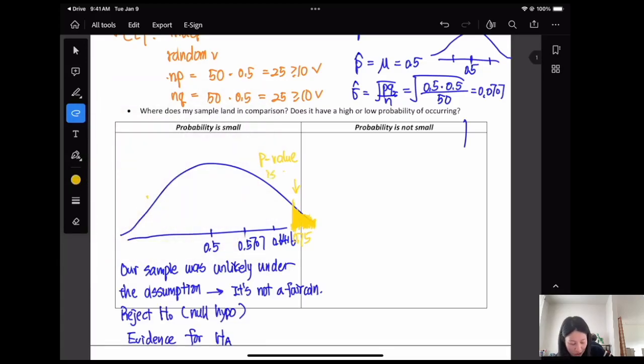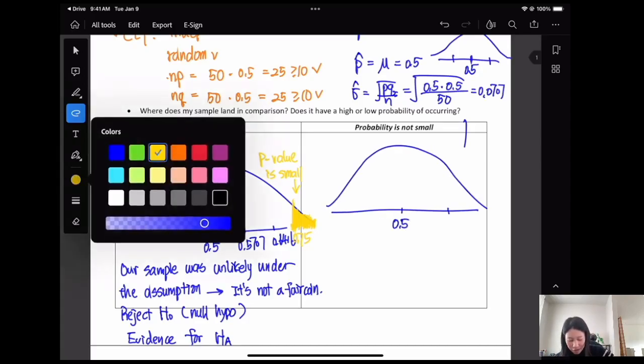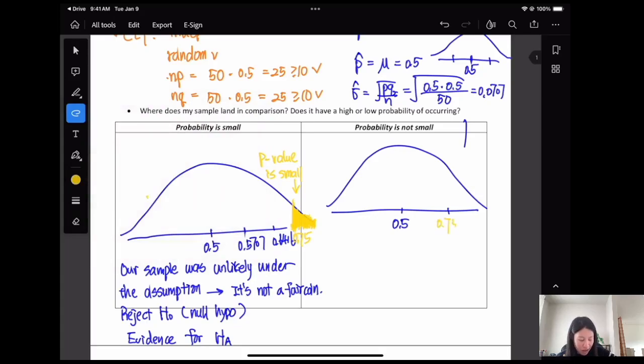On the other hand, what if the probability is not small? Under your normal model, again built around the null hypothesis, let's say 0.75 is in here, within 2 standard deviations.